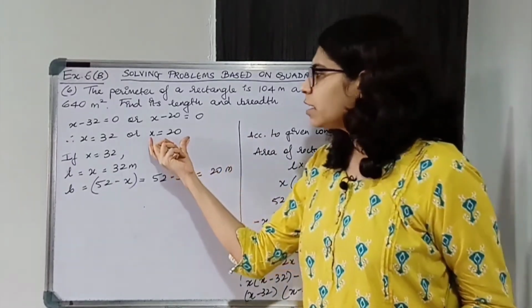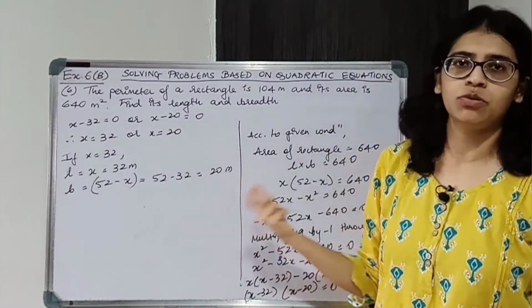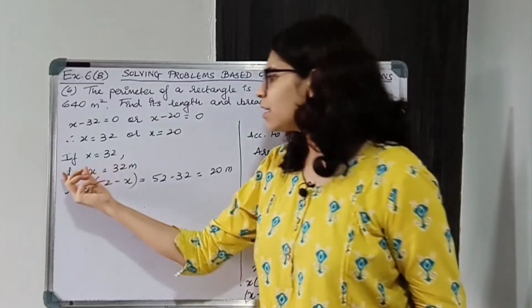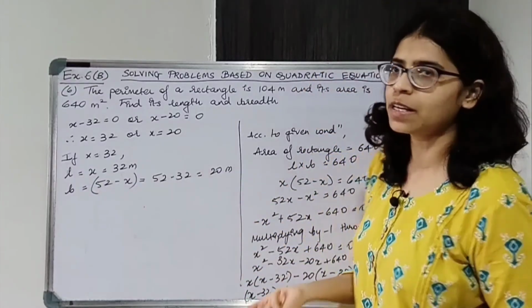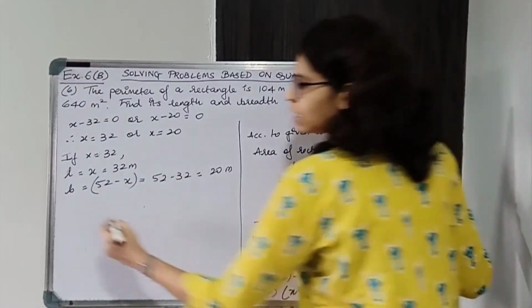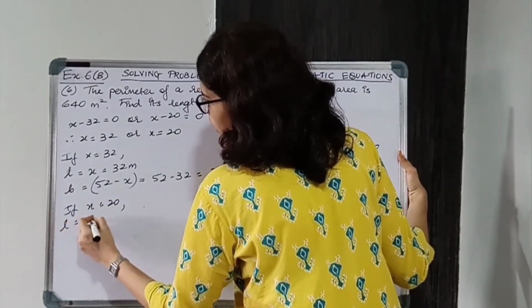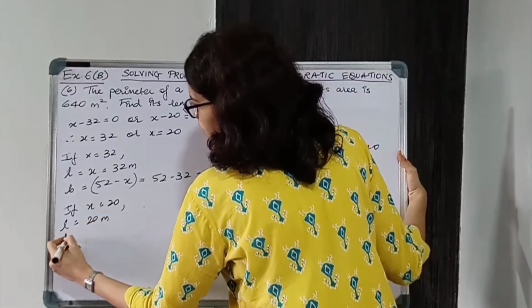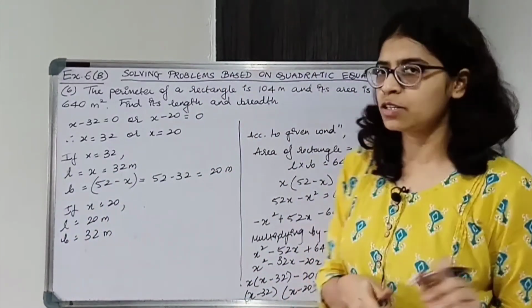Okay, अगर x is 20 then length is 20 and breadth will be 32. All right, so we'll take length as 32, length is the longer side, okay, and breadth is the shorter side. So length is 32, breadth is 20 meter. You can take the other way around also. If x is equal to 20, length will be equal to 20 meter and breadth will be equal to 32 meter. Okay, सिर्फ interchange हो रहा है, so that does not matter.